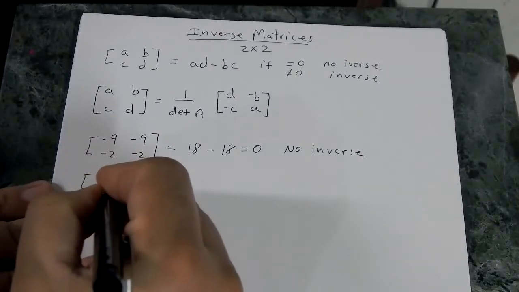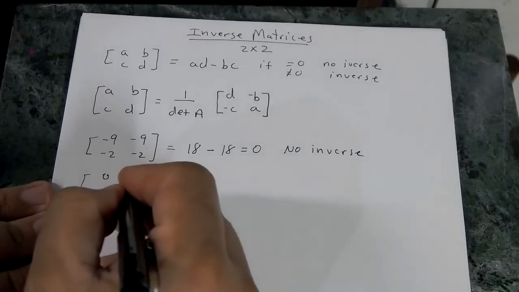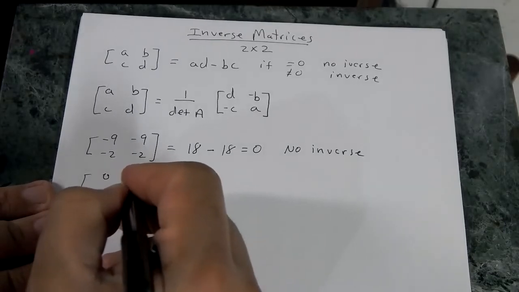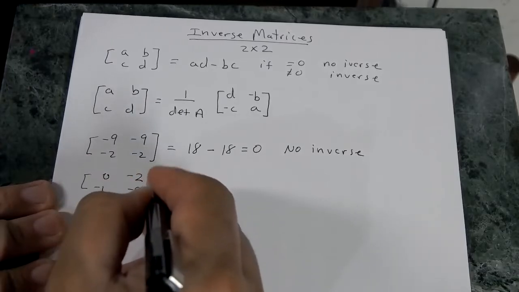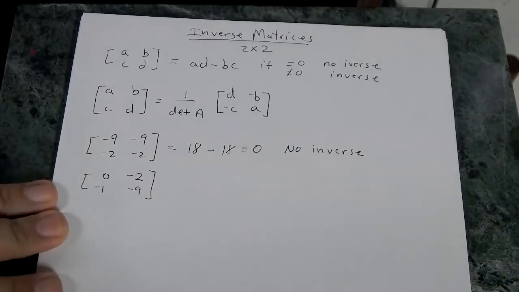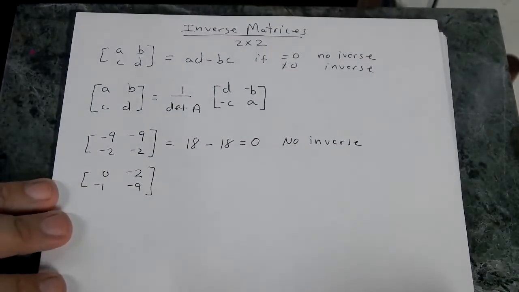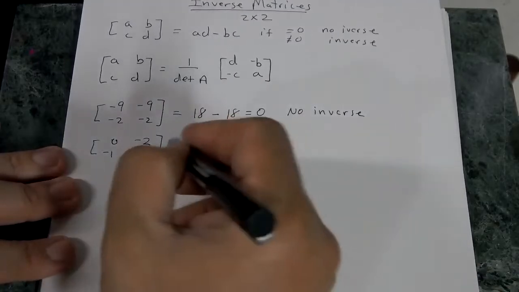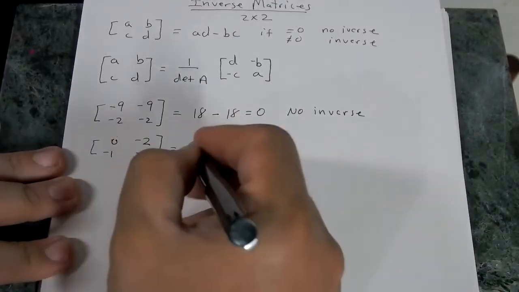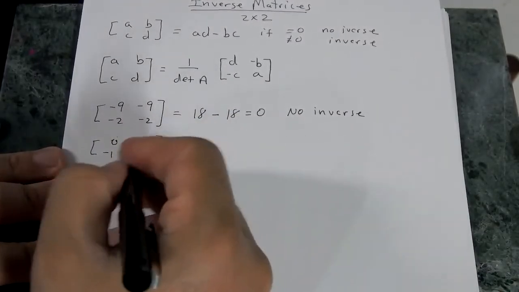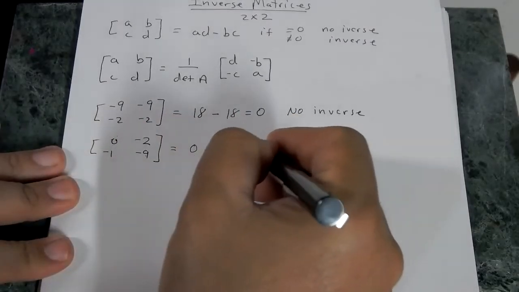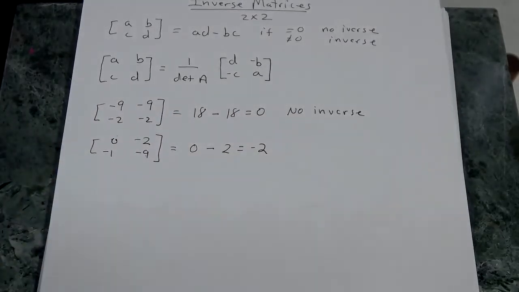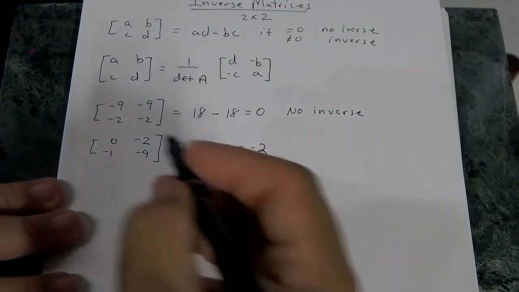Okay, so let's check this one out. Let's do 0, -2, -1, and -9. Let's find its inverse first. 0 times -9 is 0, minus -2 times -1, which is a +2. So its determinant is -2.